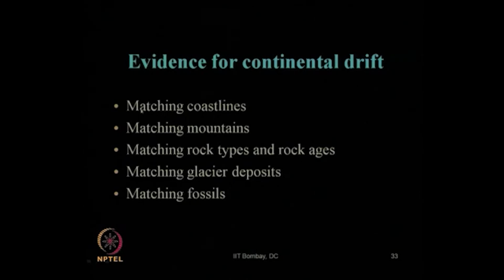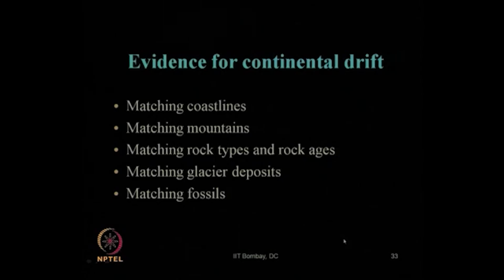The evidence is this: if you match the coastlines of different continents, or the mountains of different regions, or the rock types and the ages of those rocks, or the glacier deposits, and also the fossils available on various continents, and they match similarly, then obviously one can say that at some point of time, some million years ago, they were together, and with time they got separated.